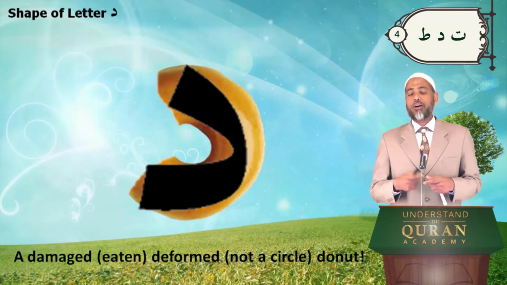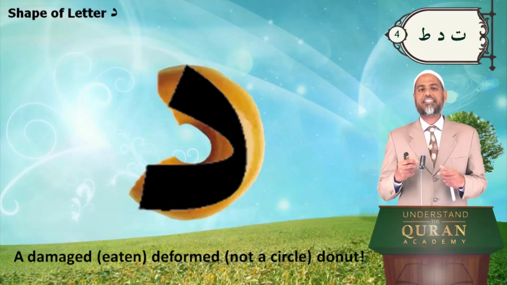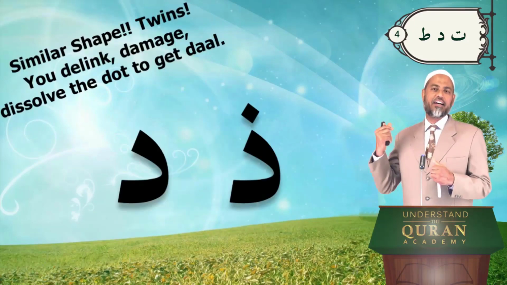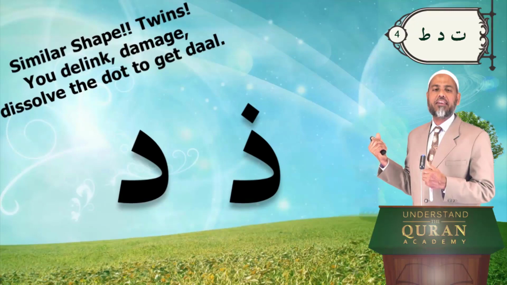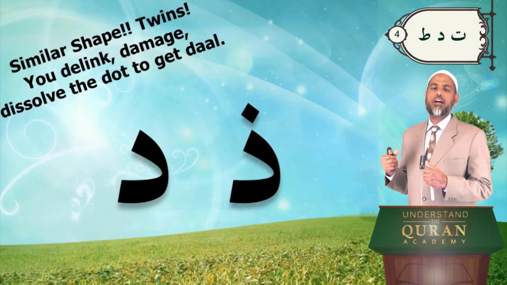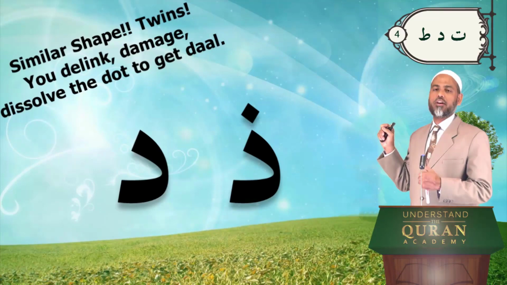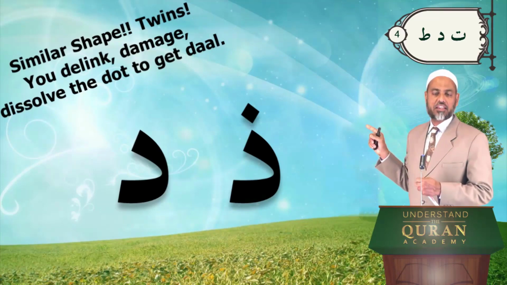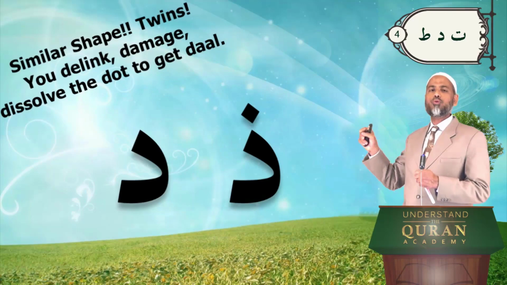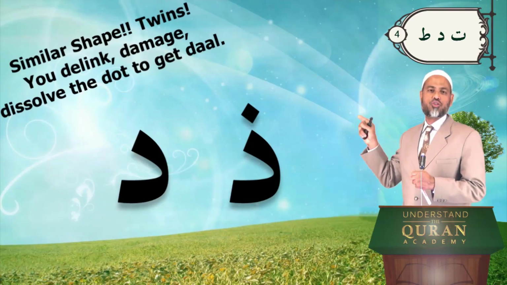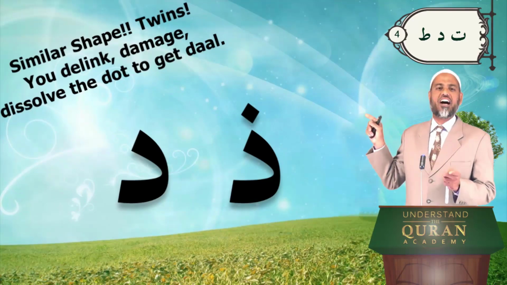Well, by the way, dal has a similar shape as we have for dhal. So dhal had a dot there. Dot represents stronger airflow. So if you delink, damage, dissolve the dot, you will get dal.